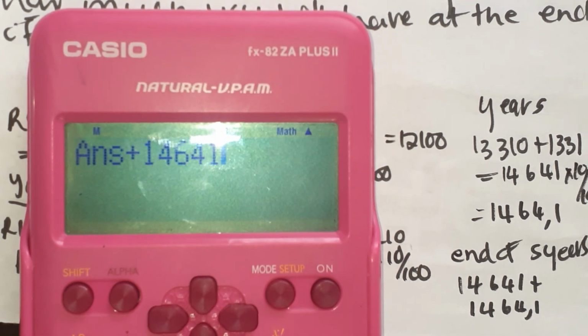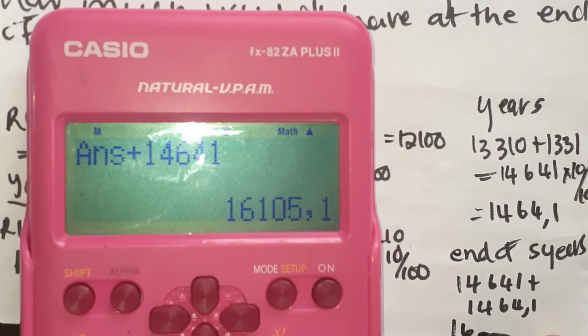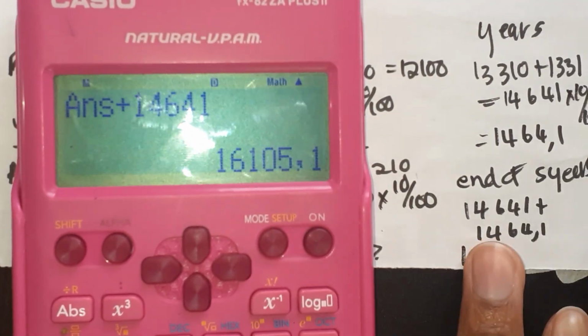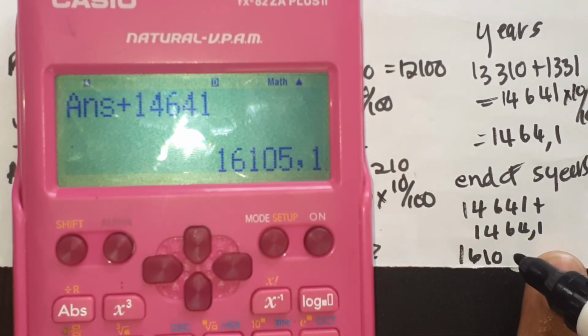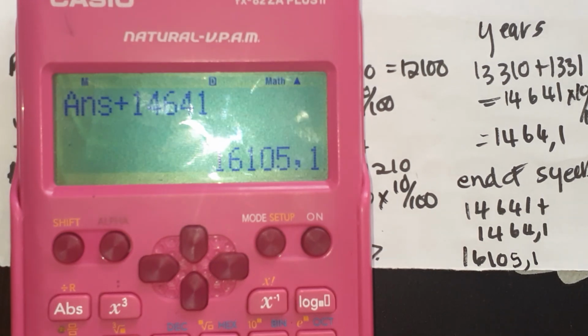We have 16,105 rand 1 cent. So this is the total amount that we have.